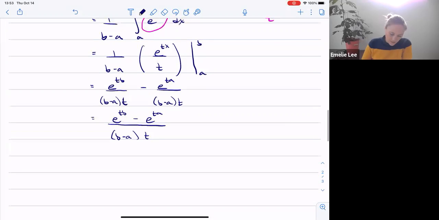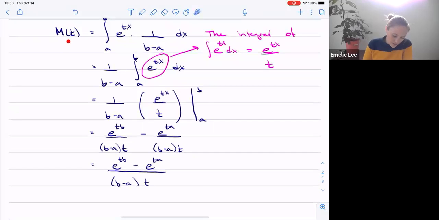If we think about this as a function, this is the moment generating function. One problem is, as soon as we have a fraction, we need to remember that we can't have 0 in the denominator. We can't divide by 0 because it's undefined, right?